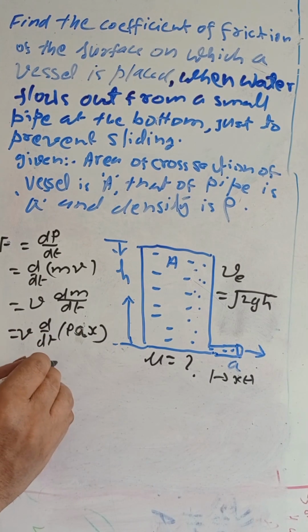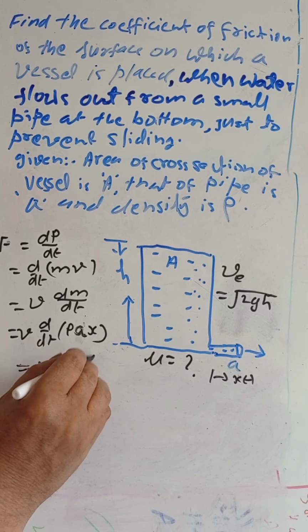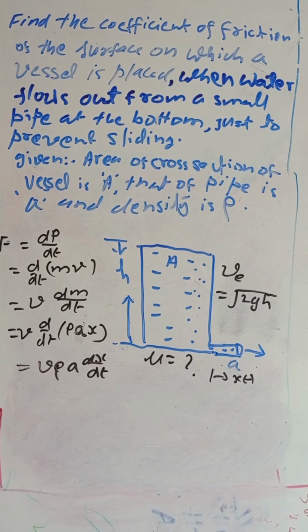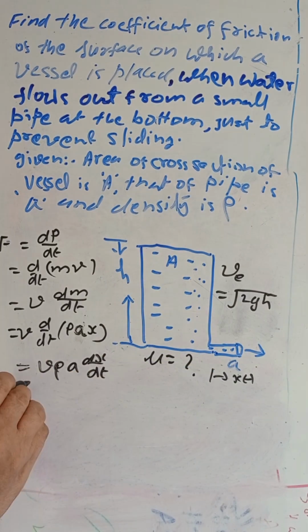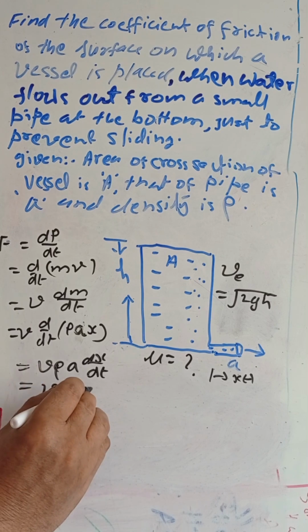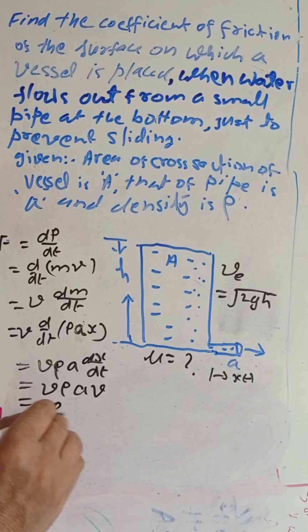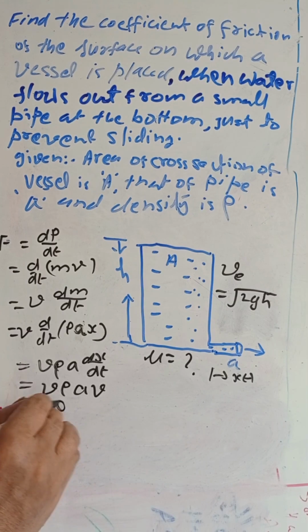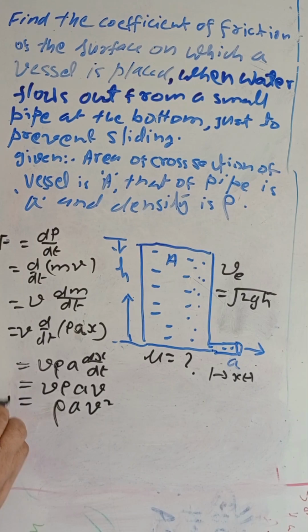Let us bring out rho, which is constant, and a, which also is constant, leaving dx by dt. dx by dt is again the velocity of that water, so it can be written as v into rho into a into velocity, which further simplifies to rho a v square. So I got the force.